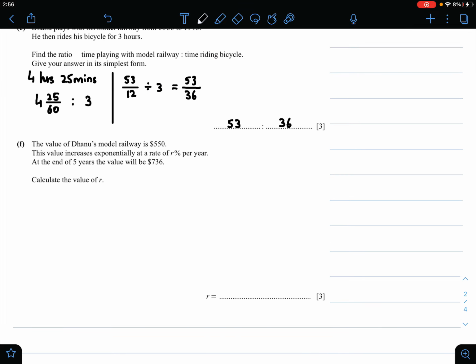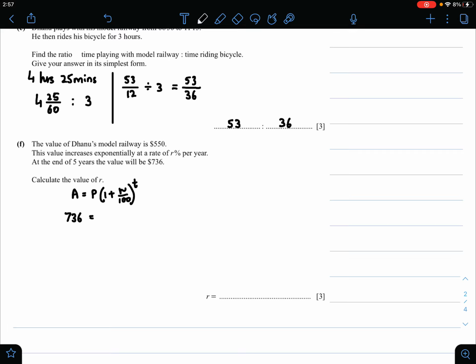Now let's move to part F. In part F they are asking us to calculate the value R, and this is clearly a compound interest question. So the formula for compound interest is amount is equal to principal multiplied by 1 plus R by 100 raised to the time, or the number of years. They are telling us that the amount in this case is $736, because they tell us at the end of 5 years the value will be this much.